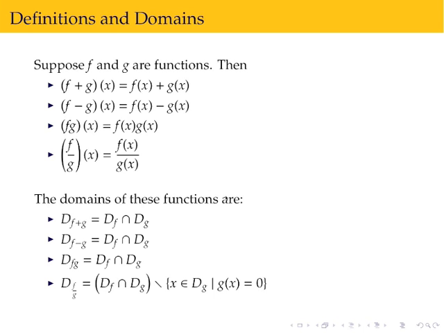Now, once you take a step back to think about how this function is defined as f of x divided by g of x, well, we need to throw away anything where g of x would be 0 because that would be causing division by 0. So again, even though this looks a little messy and scary, it is a very intuitive thing. We are taking the intersection of our domains, and we have to throw away anything that would cause division by 0.